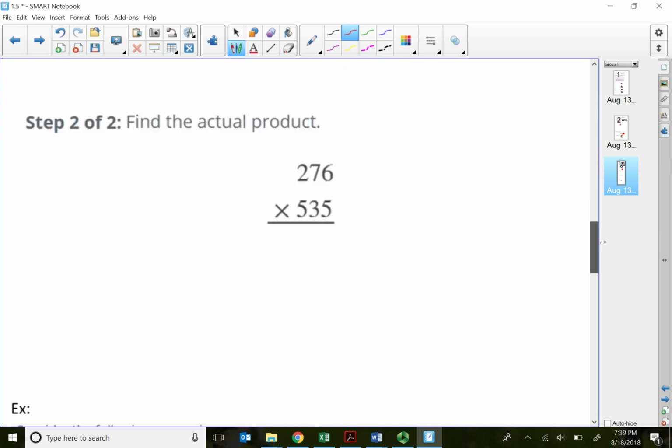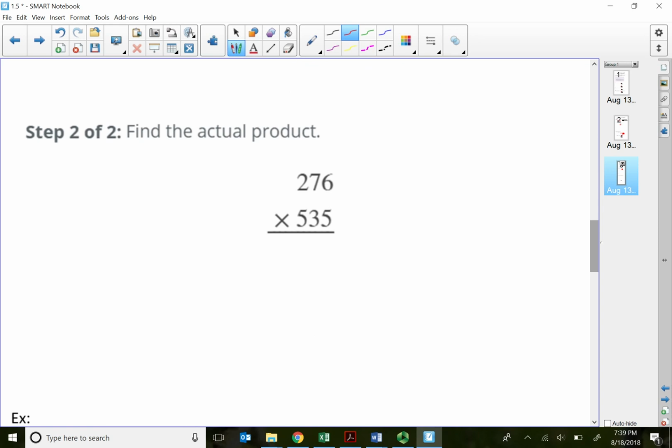Now let's find the actual product. So let's see. 5 times 6 is 30, carry 3. 5 times 7 is 35 plus 3, 38, carry 3 again. 5 times 2 is 10. 10 plus 3 is 13.